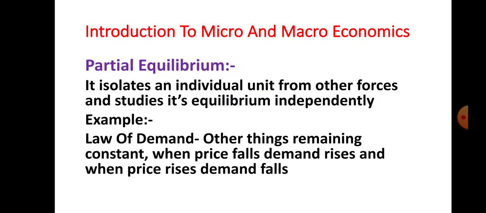So here the independent step is other things remaining constant, and after that microeconomics tries to show the functional relationship between two variables. What are the two variables here? Price and quantity demanded. So here there is an inverse relationship between price and quantity demanded, keeping other things constant. It means the law is based on certain assumptions or conditions. So this is known as partial equilibrium analysis in microeconomics.